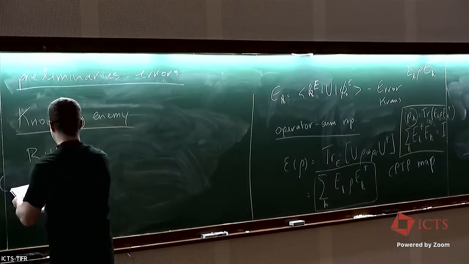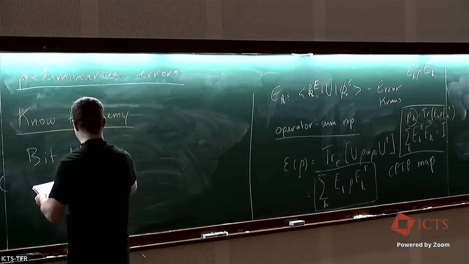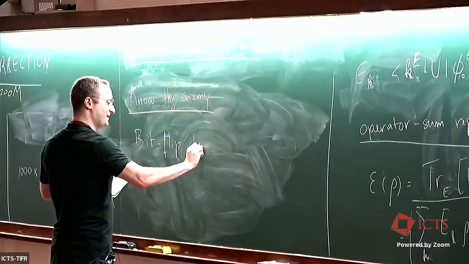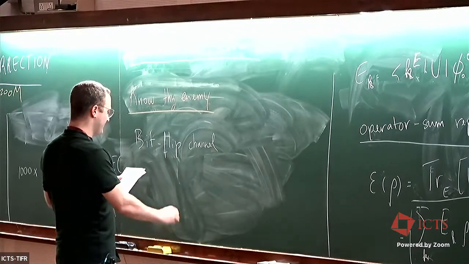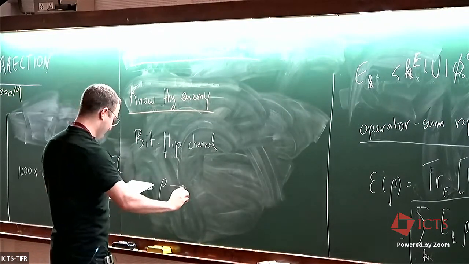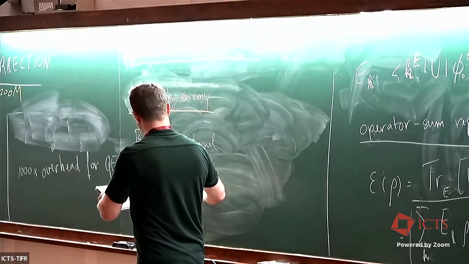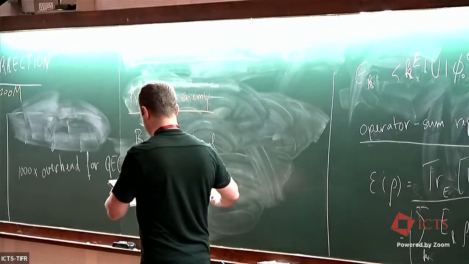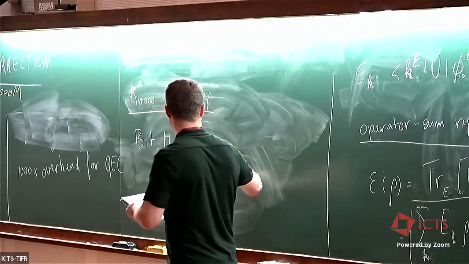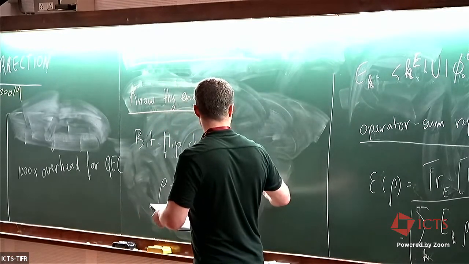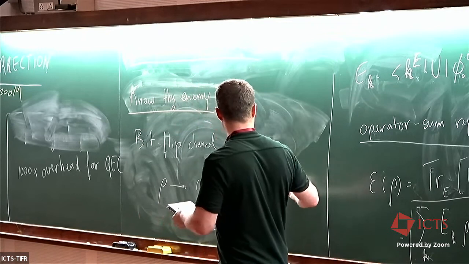The most famous one is the bit flip channel, where rho goes to, under the channel, (1 minus p) I rho I plus p X rho X.